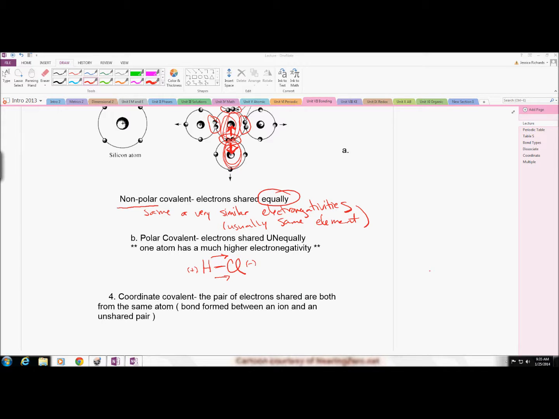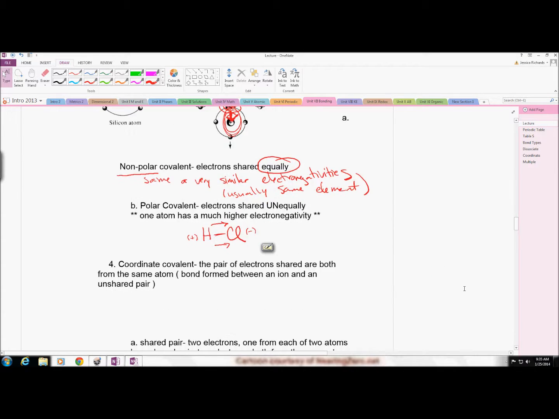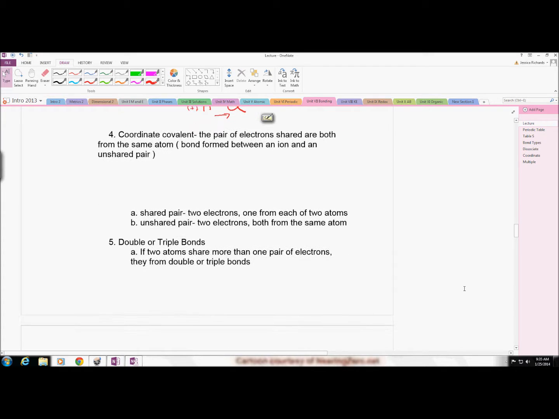There's another type of covalent bond that's a special case that we call coordinate covalent bonds. These are generally how our polyatomic ions form. In a coordinate covalent bond, the electrons are shared, but both of them come from the same atom. So if we look at nitrogen, it has 5 valence electrons.